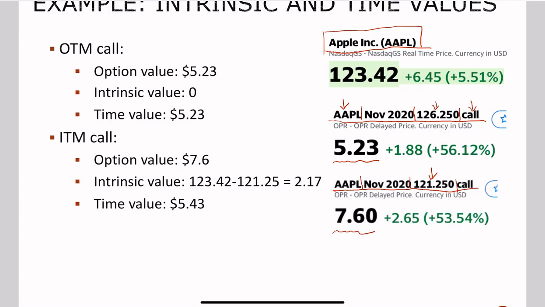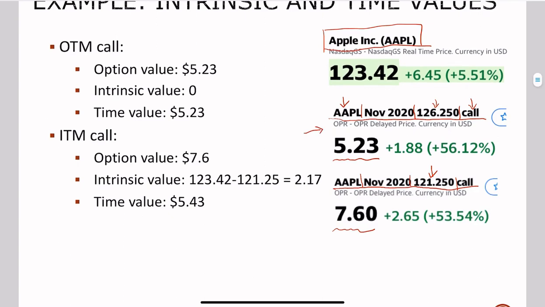Now let's look at the first call, this guy here. The first thing you need to know here is this first call is an OTM call. It's out of the money. Why is it out of the money? Well, because its strike price is 126 and the stock price is 123.42.